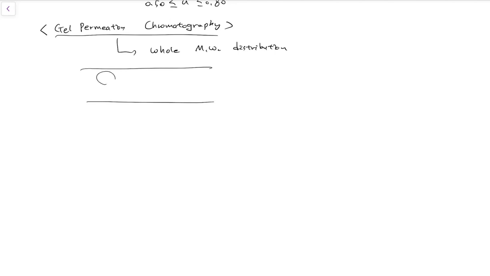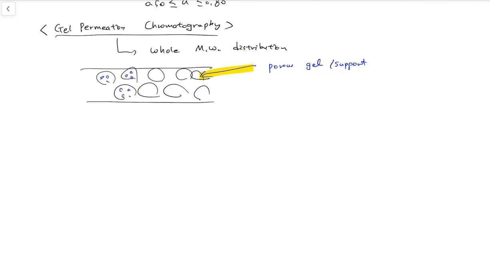Inside of the column, there is some support which consists of porous gel or porous support. There are some size of pores. So there are many small pores inside of this support. And we elute polymer solutions, polymers like this.